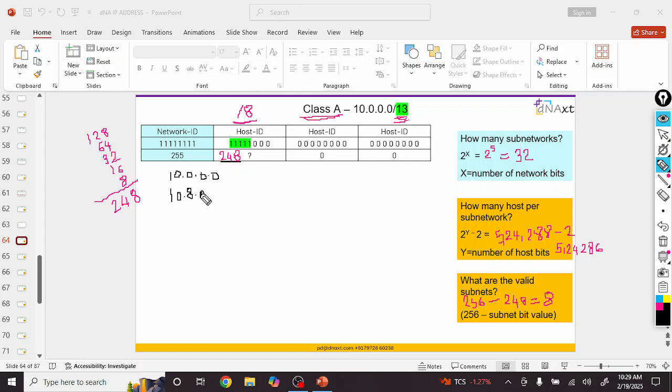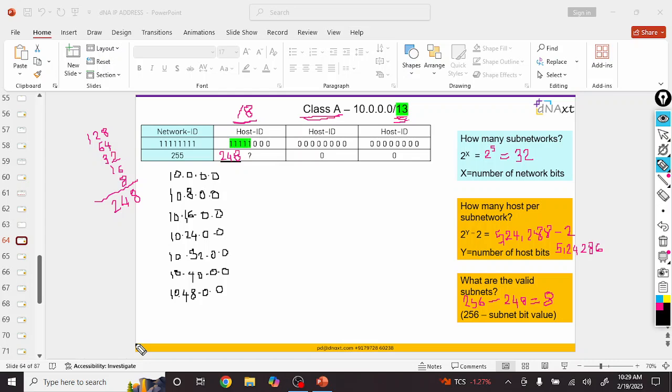So 10.8.0.0, 10.16.0.0, 10.24.0.0, 10.32.0.0, 10.40.0.0, 10.48.0.0.